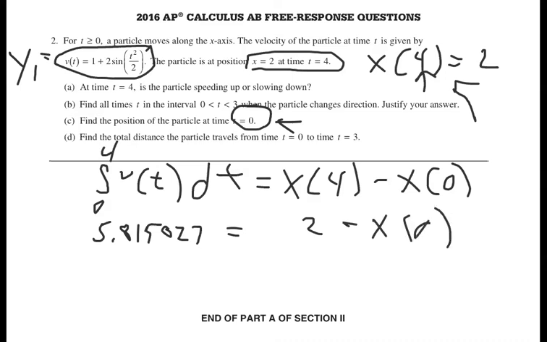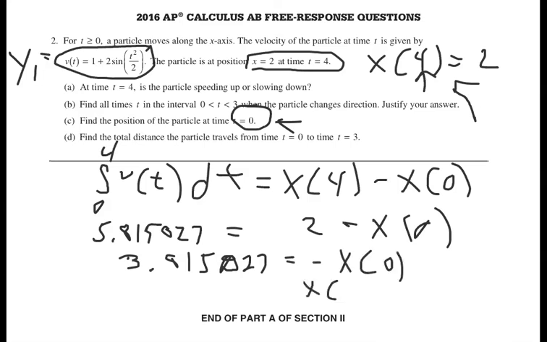So we would subtract that 2, and we get 3.815027 is equal to negative x of 0. And so x of 0, when you divide by negative 1, is going to equal approximately negative 3.815. And that would be the answer for part C.